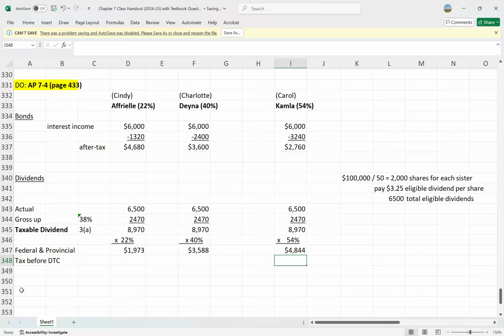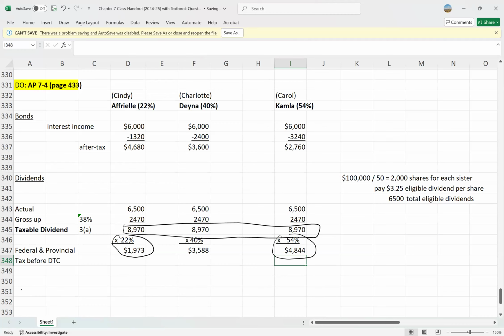And so what you see is that the amounts differ because Cindy is in the lowest tax rate compared to the other two sisters. So she's paying a lot less tax compared to Carol, who's at 54%. This taxable dividend is supposed to represent the corporation's pre-tax income.